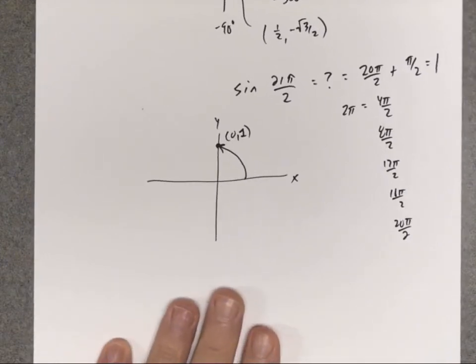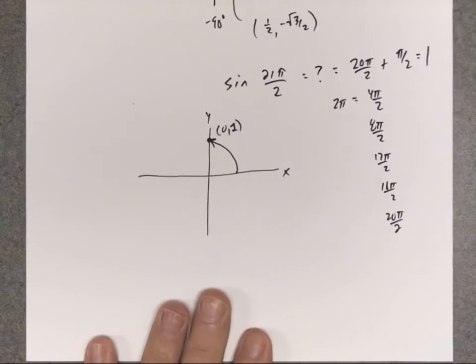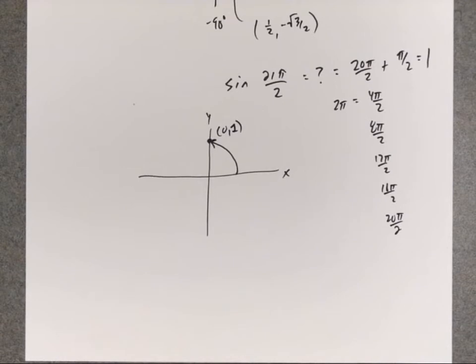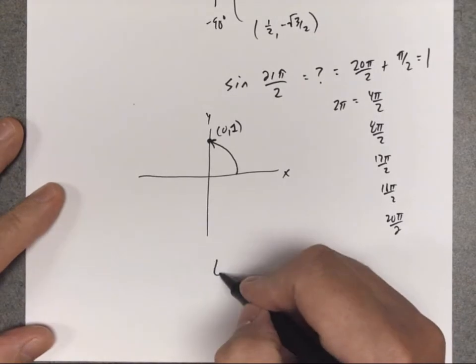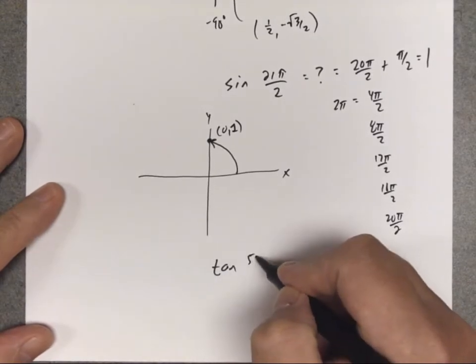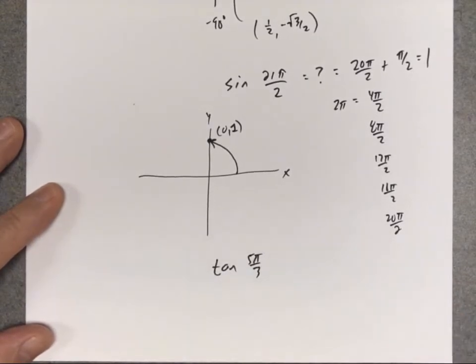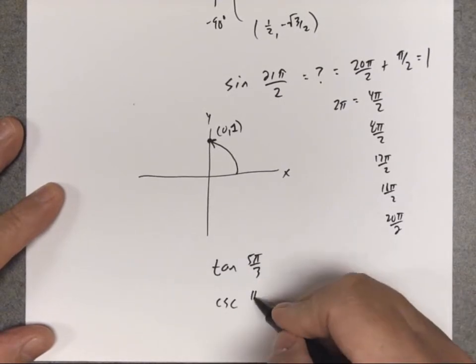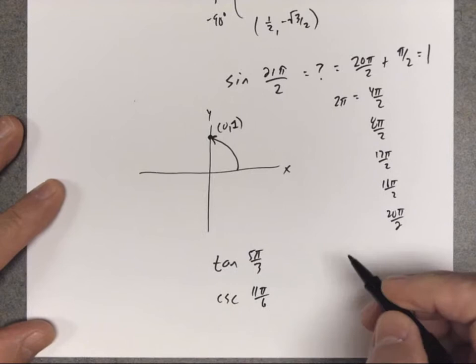All right, in summary, the rest of this class, or a big part of it, you're going to be asked all the time for trig functions of these special angles. They're going to say, what's the tangent of 5 pi over 3? They may ask you, what's the cosecant of 11 pi over 6?